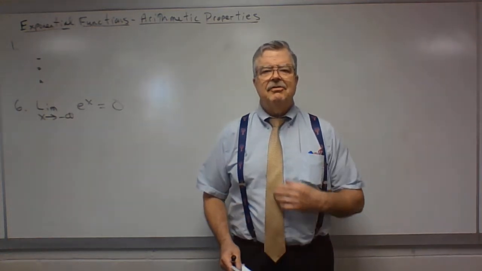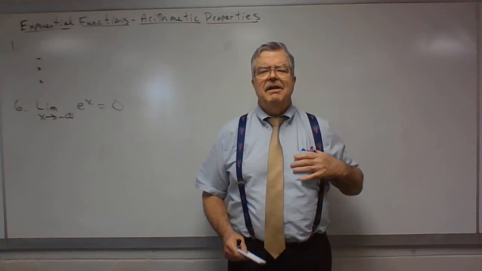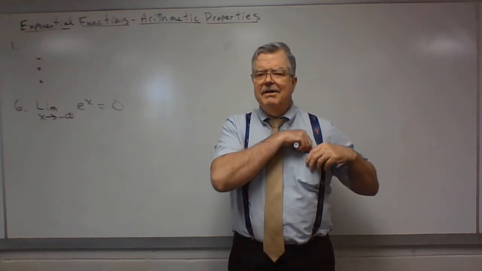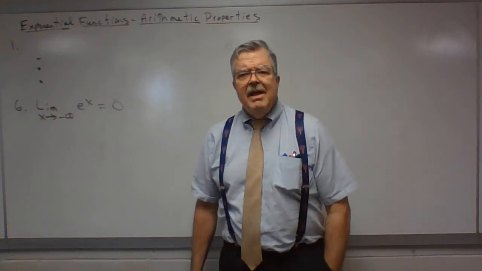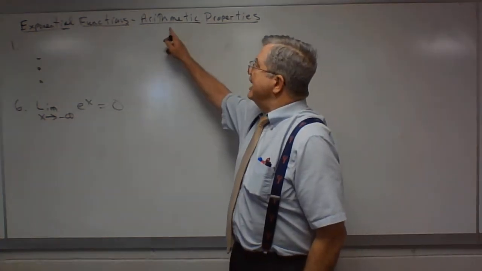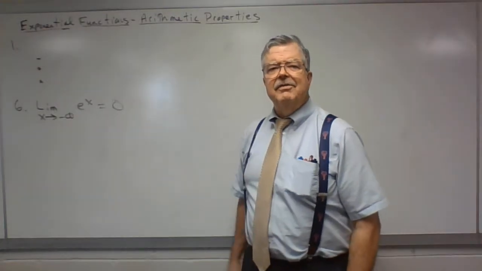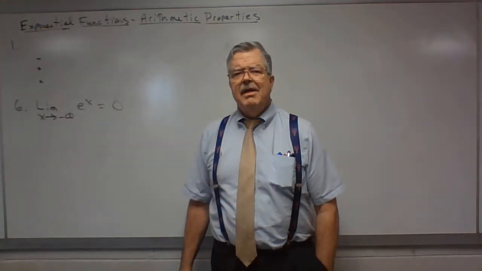Before I get this lecture going in earnest, I'd like to mention something that I didn't talk about in the second lecture, and I kind of wish I had. It had to do with the arithmetic properties of the exponential function.